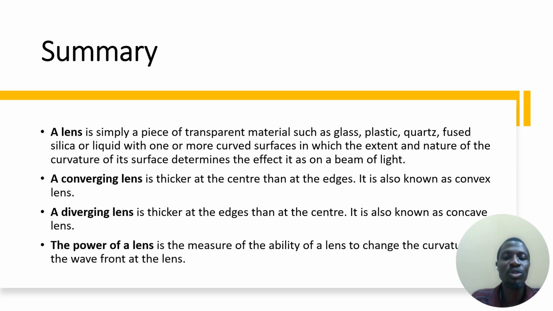Primarily, the unique difference is that a converging lens is thicker at the center than at the edges, equally known as a convex lens, and a diverging lens is thicker at the edges than at the center, also known as a concave lens. And we stated that the power of a lens is the reciprocal of the focal length, which is the measure of its ability to change the curvature of the wavefront at the lens.